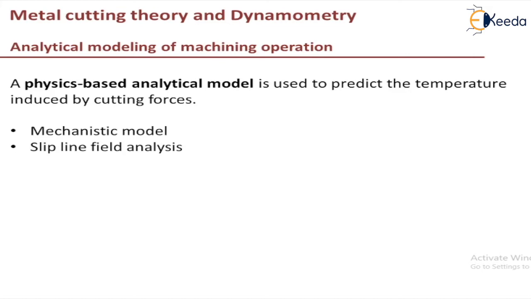Basically what you are doing in this is you develop a mathematical relation for the physical process which is happening, that is the cutting operation. You develop a mathematical equation. By this mathematical equation you develop coefficients. So these coefficients are used to develop the different other parameters that we will study in the next slide.